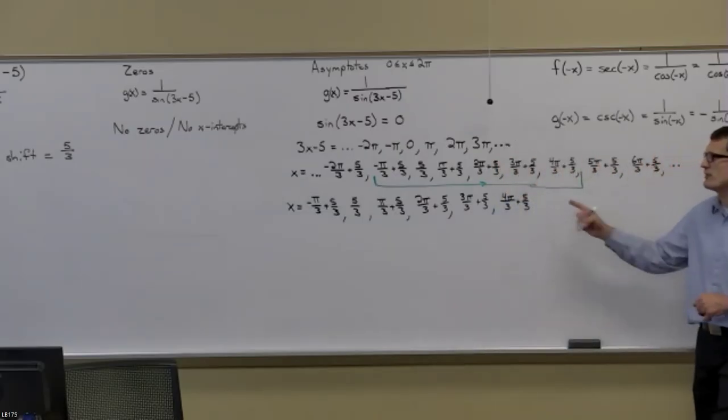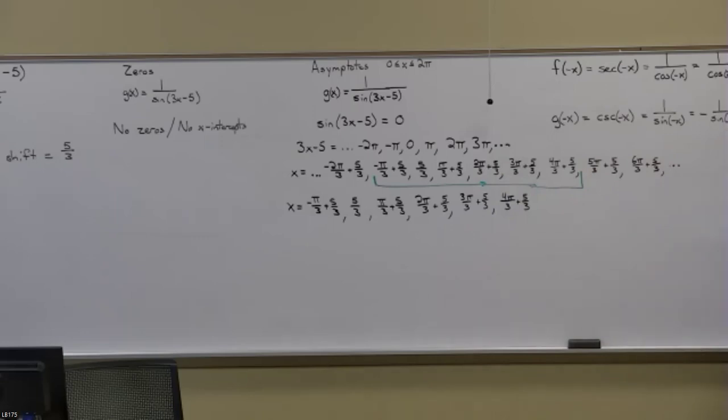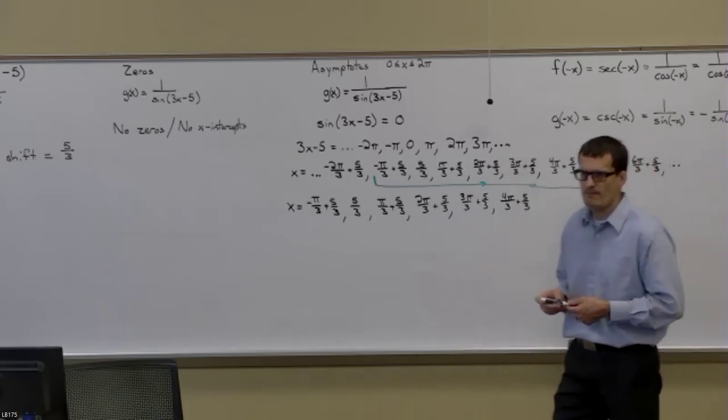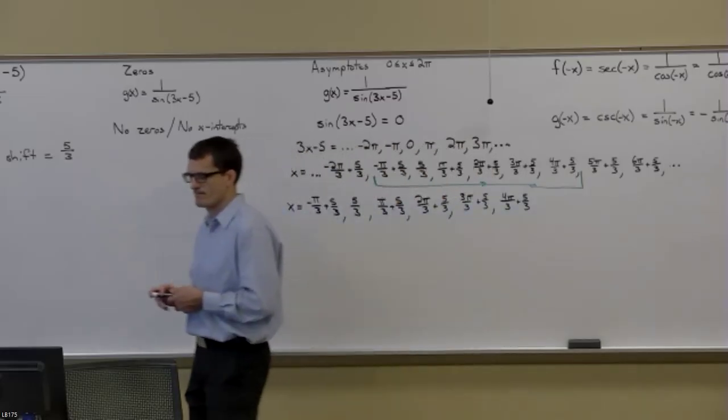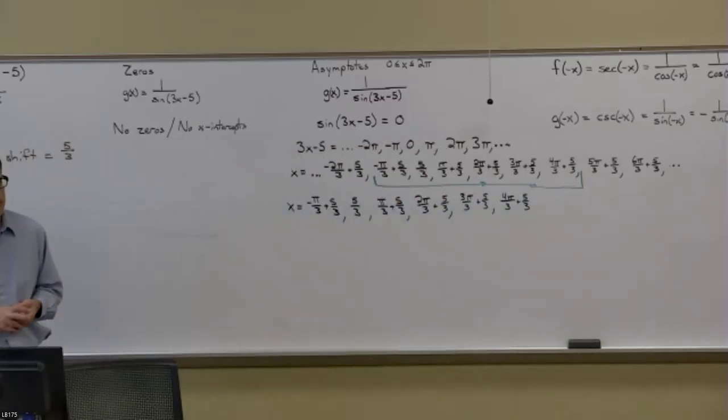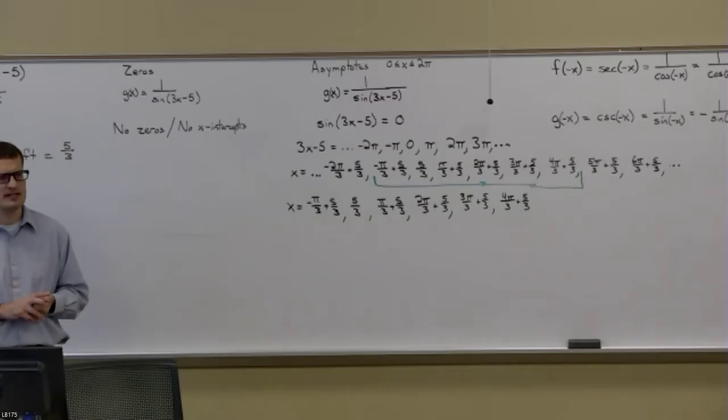Stop. So those are all the x values between 0 and 2 pi that give us asymptotes. Any questions about that? Straightforward.